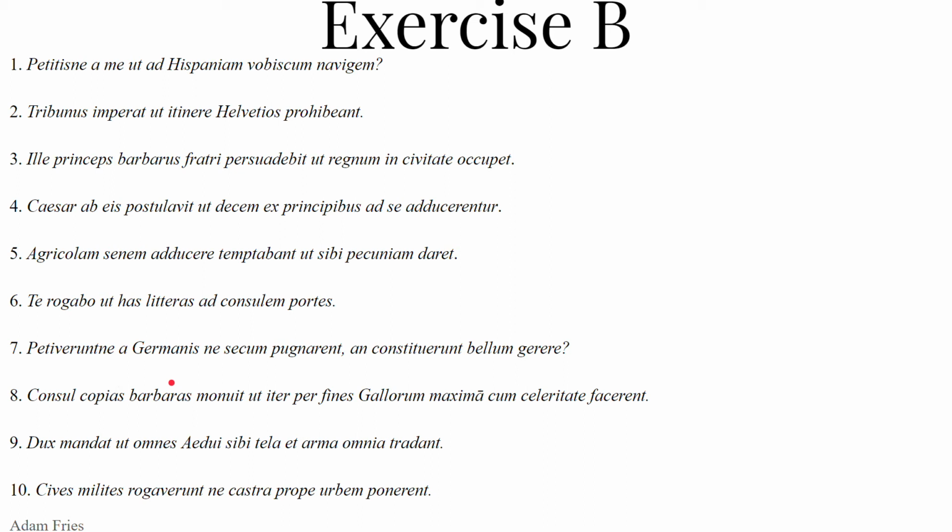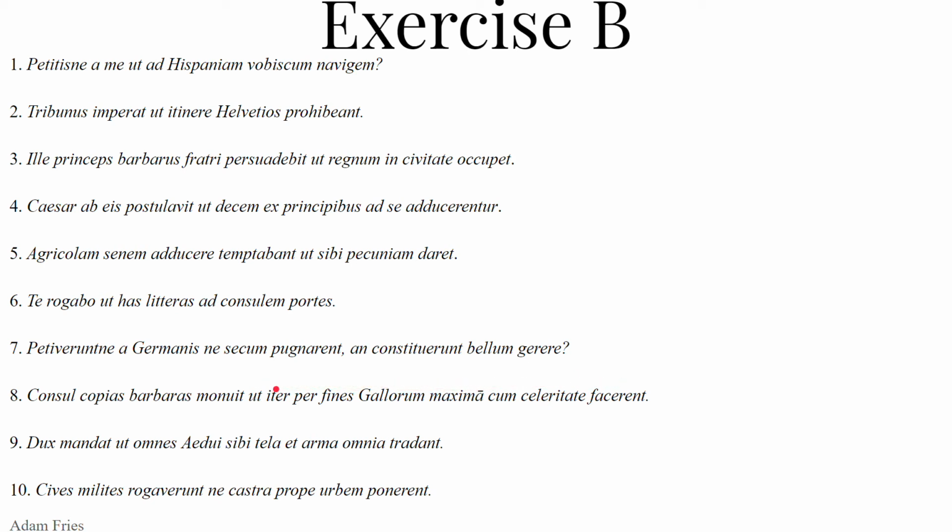Copias barbaras, monuit. So the consul monuit, third person singular, perfect active indicative of moneo, monere, monui, monitus. So the consul warned or advised the direct object, the foreign forces, the barbarian troops. What did he advise or warn them to do? Ut, so that. This is an indirect command, substantive clause of purpose.